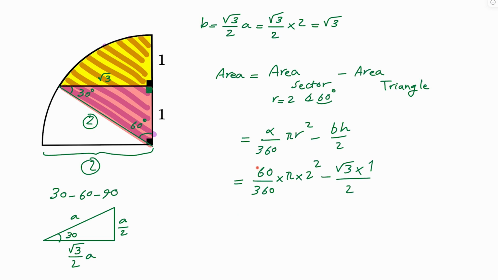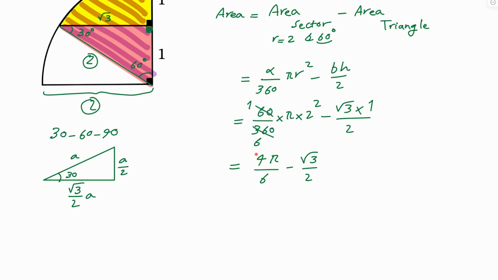So we can divide this numerator and denominator by 60. We get 1 here and 6 here. So we can write 4 pi over 6 minus the square root of 3 divided by 2.